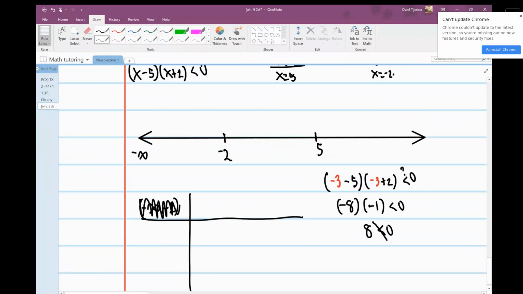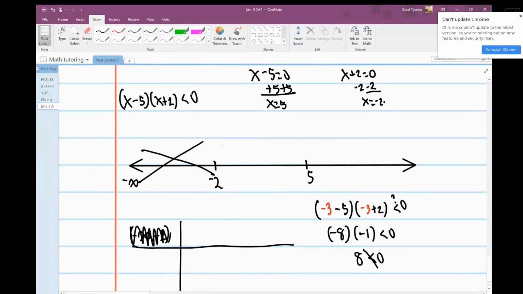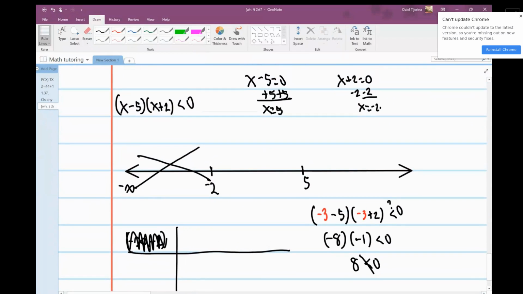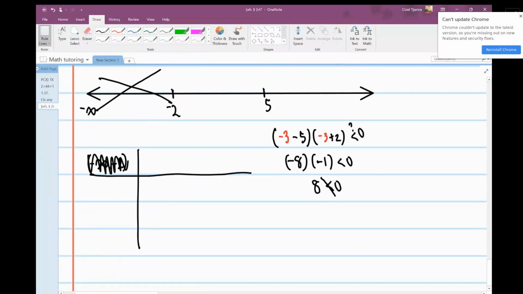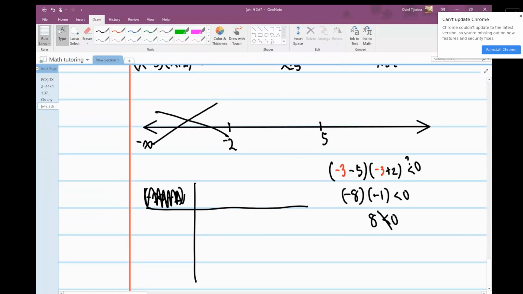So now we know that this cannot be a solution. Now we have to test between negative 2 and 5. For the first interval, negative infinity to negative 2, we tested x equals negative 3.